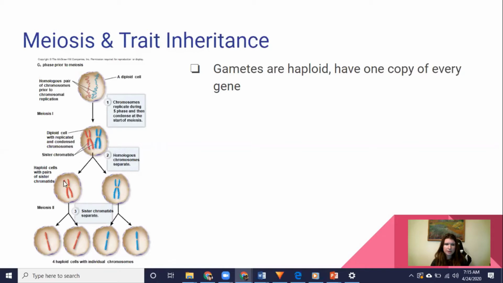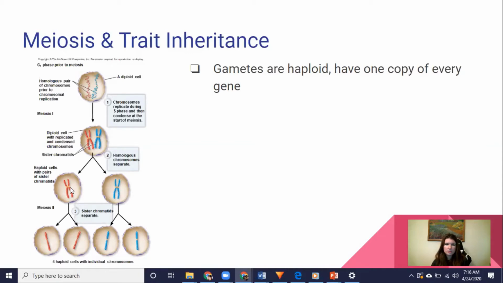Meiosis 1, they separate. So like this red chromosome goes to one cell, the blue chromosome goes to the other cell. They still have sister chromatids within them, so they still have two copies of whatever's on that chromosome, but they now lack the other allele, the other version of that gene, because it's in this second daughter cell.